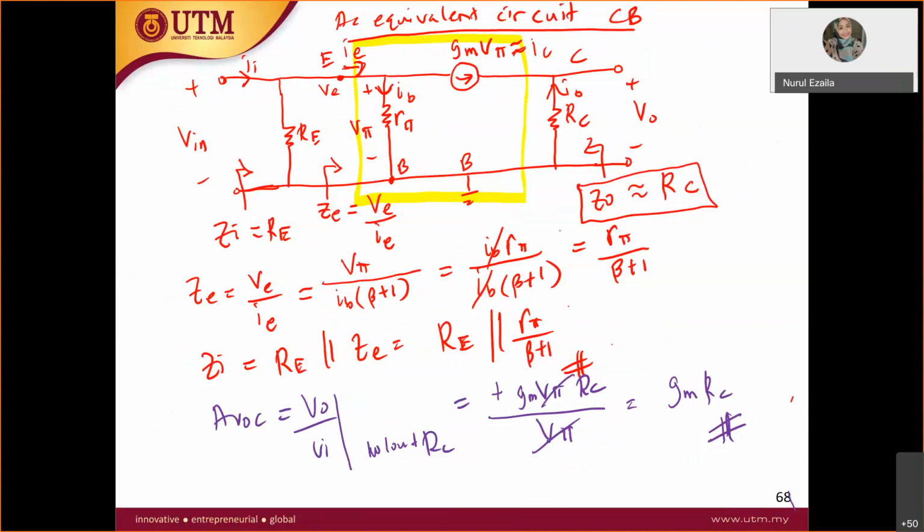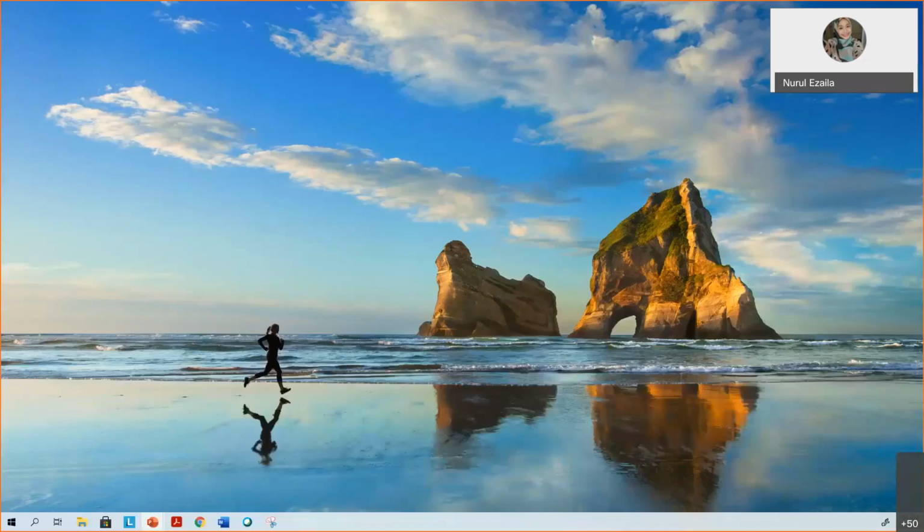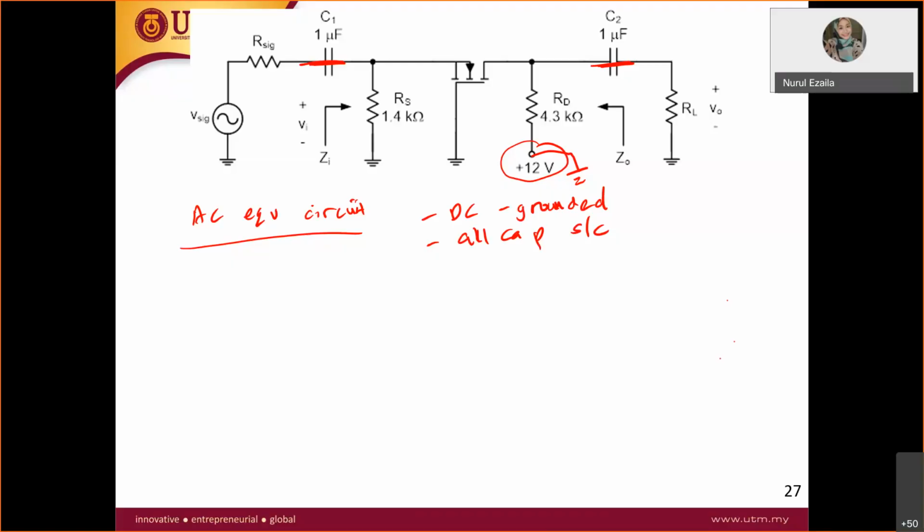Now for the common gate, let's draw. You have GMVGS in horizontal.